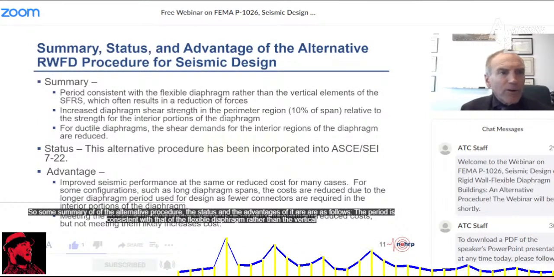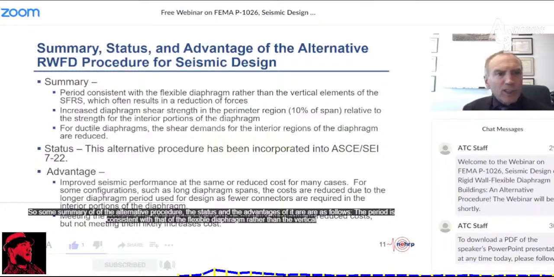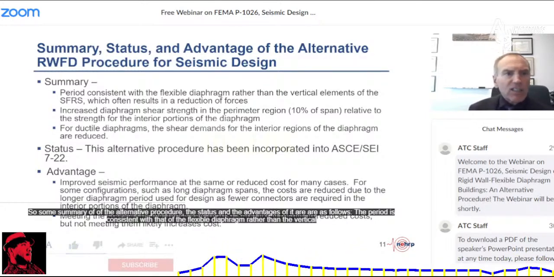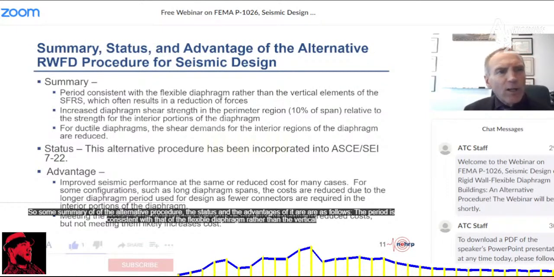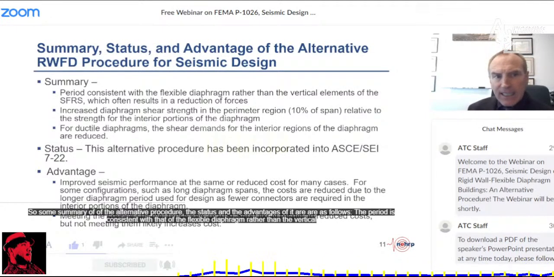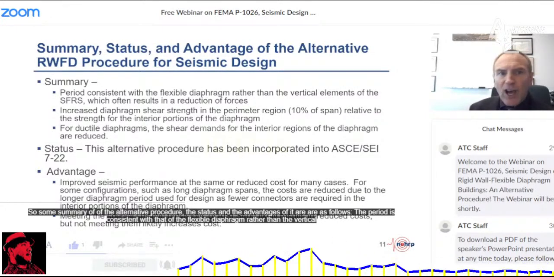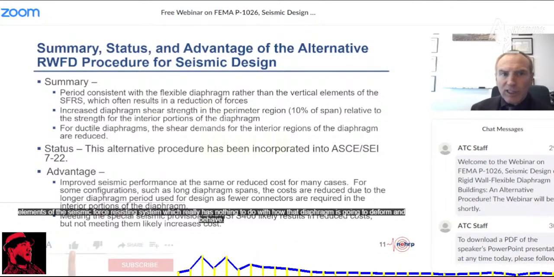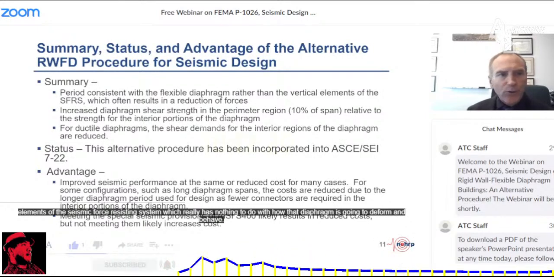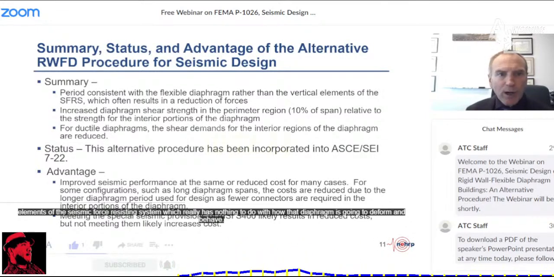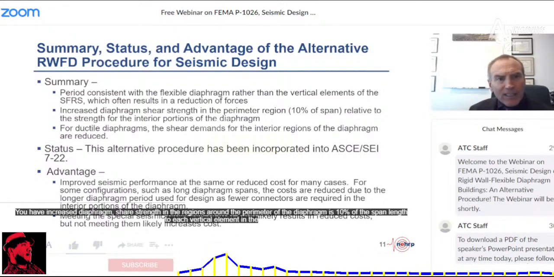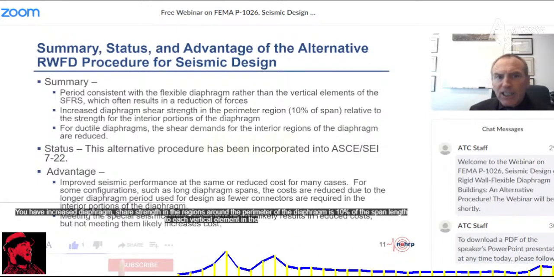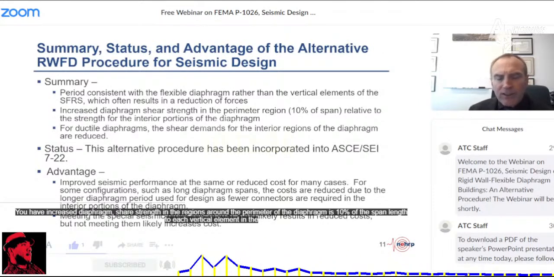So a summary of the alternative procedure, the status and the advantages of it are as follows. The period is consistent with that of the flexible diaphragm rather than the vertical elements of the seismic force resisting system, which really has nothing to do with how that diaphragm is going to deform and behave. You have increased diaphragm shear strength in the regions around the perimeter of the diaphragm.